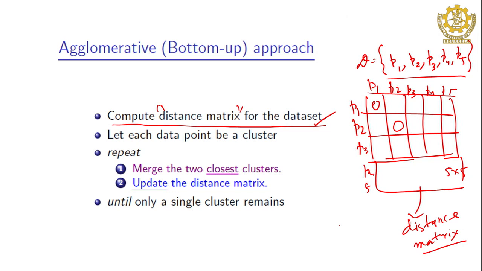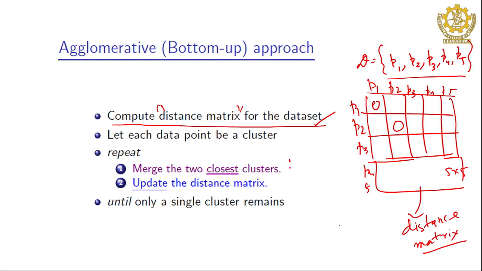So, the first step is done: compute the distance matrix for the data set. Now, let each data point be a cluster, because we are considering the agglomerative approach, where each data point is considered a singleton cluster. If there are n points in the data, then at the first step you will have n clusters.